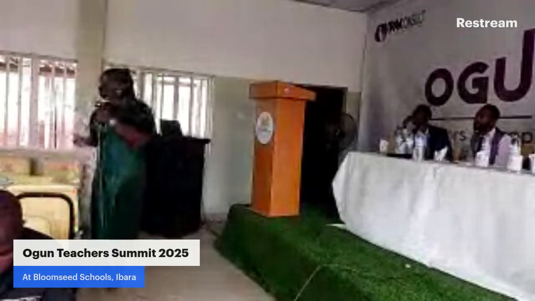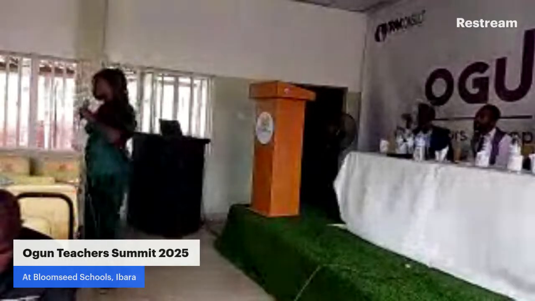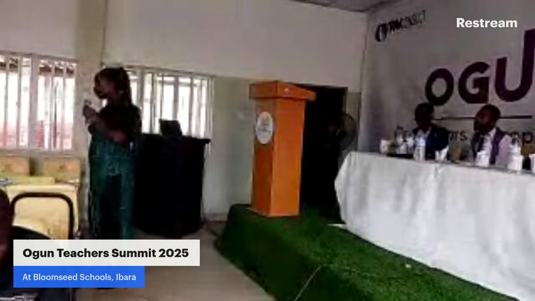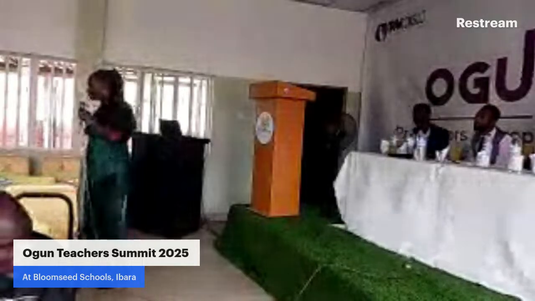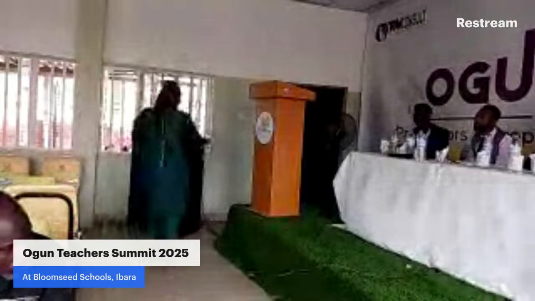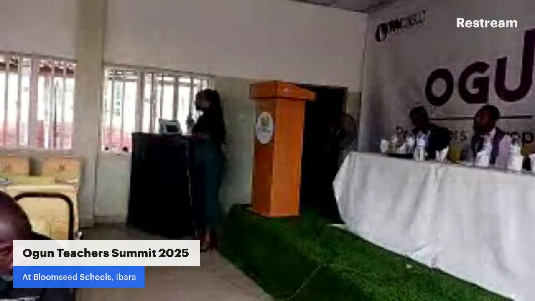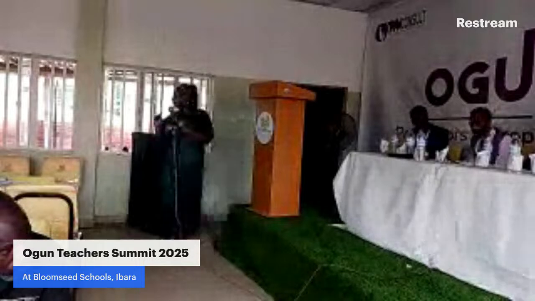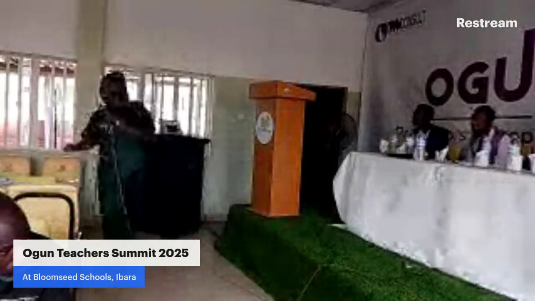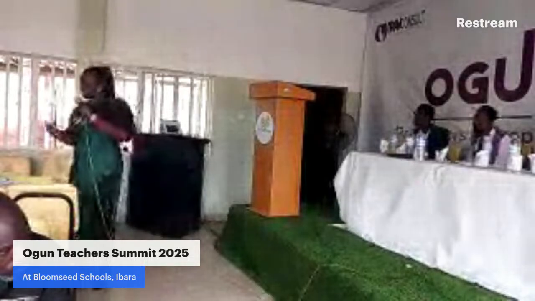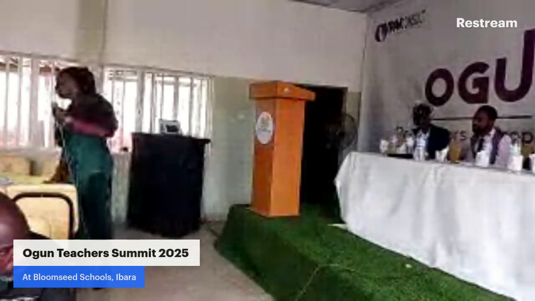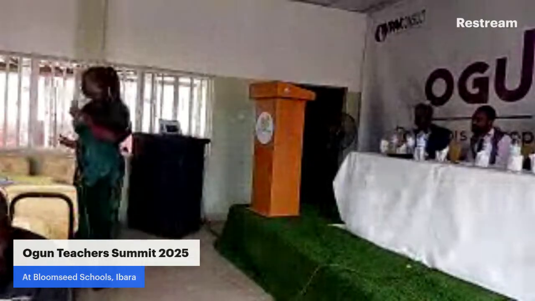Because nowadays, parents are not involved. I would have loved to have a few things. Now, guess what happens when the child is reading at home, and the child is not reading? As a mom, as a dad, what do you feel?